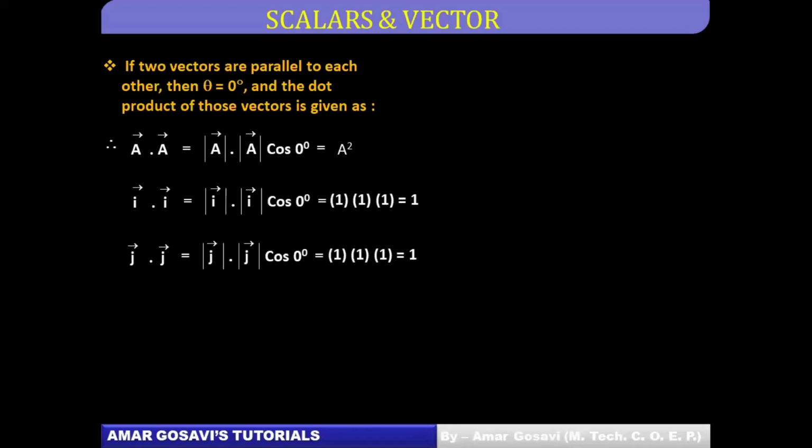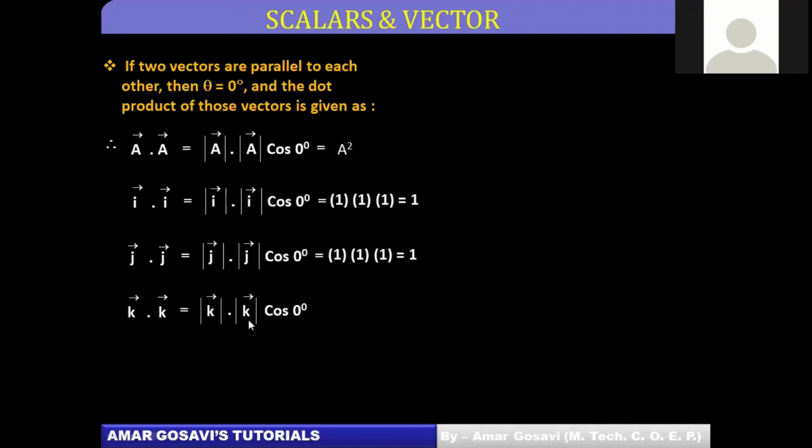Let's move ahead and talk about k cap. In a similar way, k cap dot k cap can be represented as magnitude of k cap multiplied by magnitude of k cap, and obviously the angle between k cap and k cap will be 0, so cos 0. k cap is a unit vector along the z-axis, so its magnitude has to be 1.